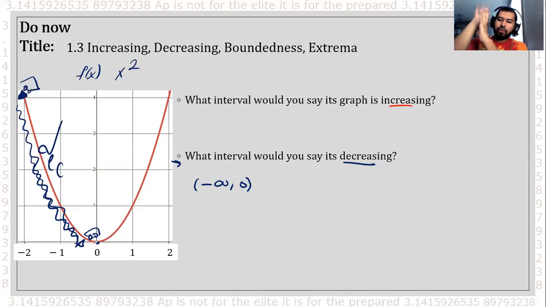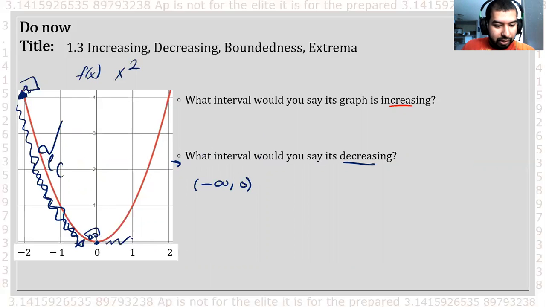Same way you shoot a basketball, it goes up and then curves back down. So at that very instant, we cannot say it's increasing or decreasing. That's the reason why. So if you put a bracket or a parenthesis on that 0, you're good.